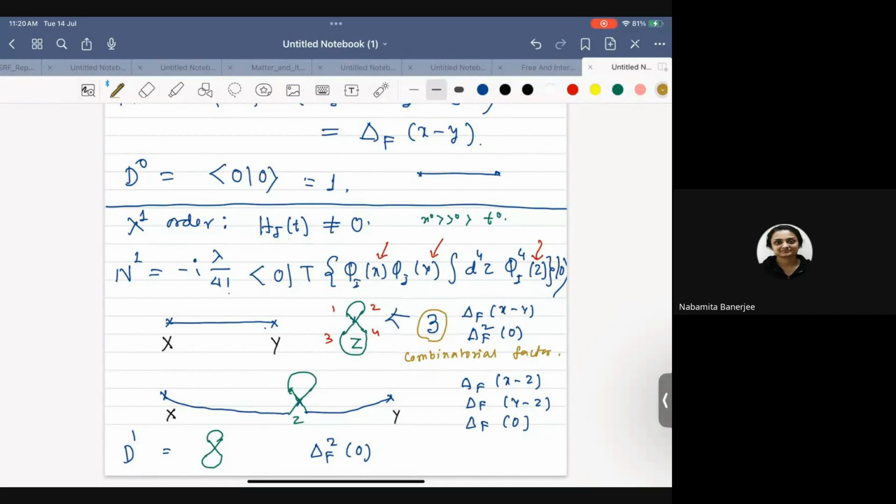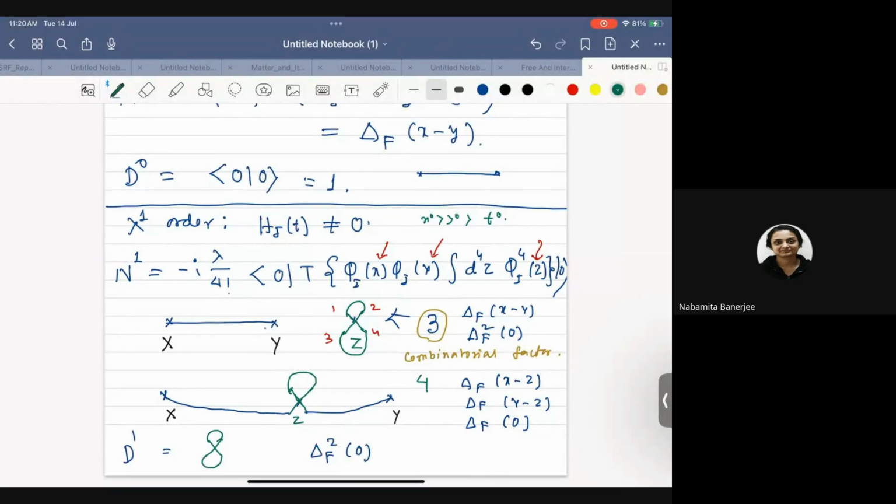Similarly, let's look at the next one. So this vertex has 4 lines. Please understand that in any n-point function, what is special are the n external points. These x and y are very special. That is given data, given x and given y. But the vertex is like all its legs are equal. So this x could have gone to any of the 4 legs, and the result would be the same.